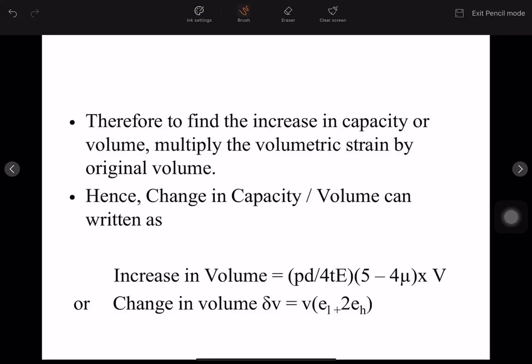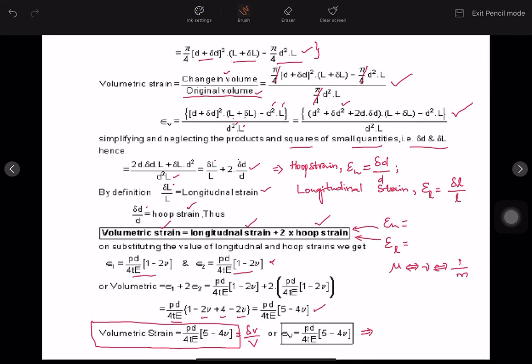So change in volume is equals to PD by 4TE into 5 minus 4 mu into volume. So this is what we need to calculate. This gives us the change in volume of the cylinder after undergoing various strains.